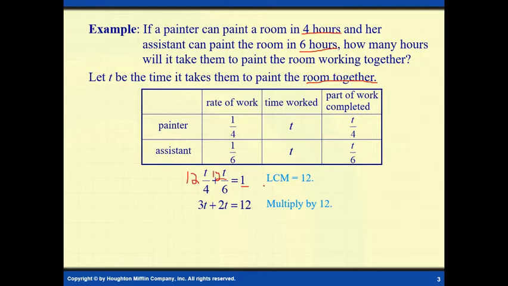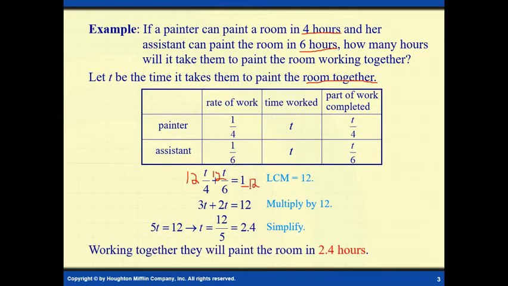By doing that, we can cancel our denominators, and then we get 3t plus 2t is equal to 12. We just add our t's together. 5t is equal to 12, and then divide. To find the t, just divide by 5. So working together, it's only going to take them 2.4 hours.